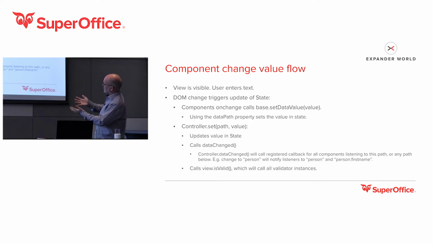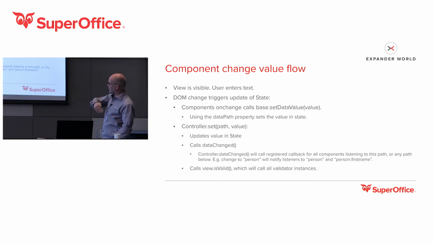When you have this rendered and in an input text you change something, the component will change. On change, it will set data value. That will use the data path it was set up with to set the value down to the state through the controller. The controller will then update the state and we will call data change.